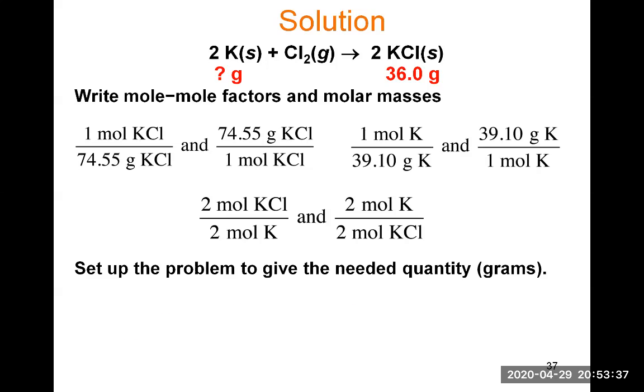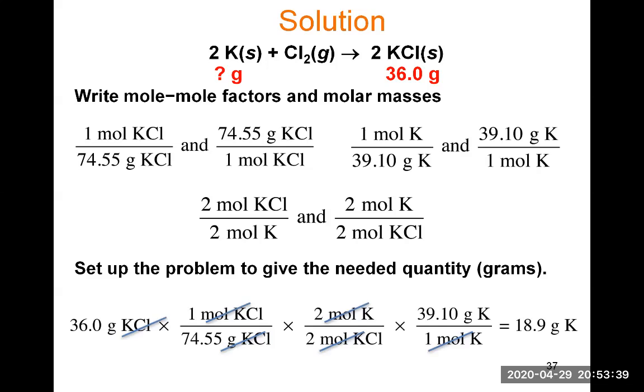So when we write the full calculation, we always start with the given amount, and here it's 36.0 grams of KCl in the numerator, multiplied by the first conversion factor, such that grams are on the bottom and we can cancel grams of KCl, and 1 mole of KCl is on top.